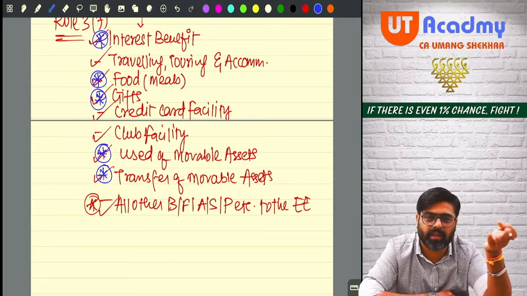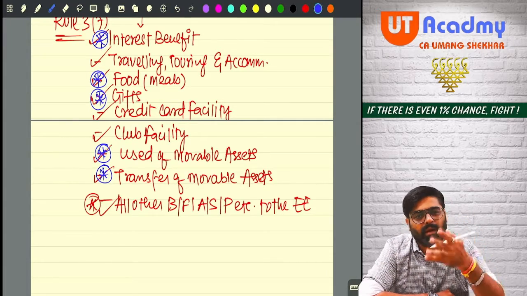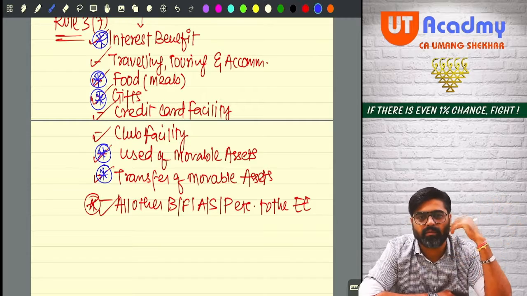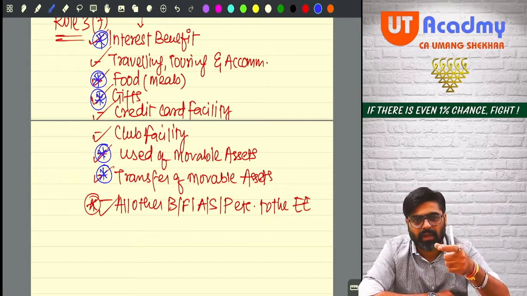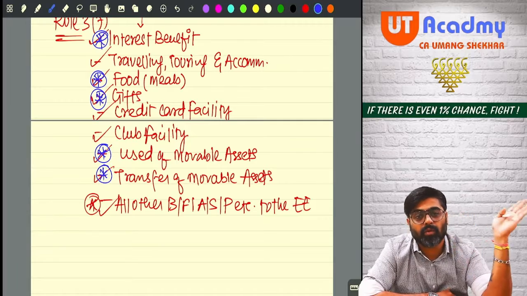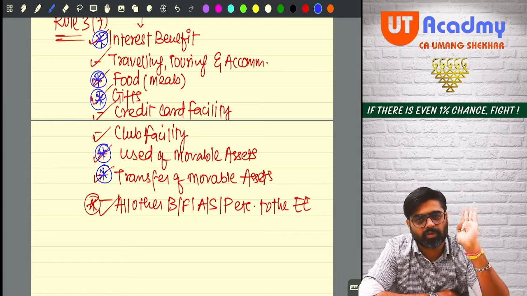The amount will be directly given in the question. Pick up that amount, show it taxable. No need to do the valuation. Traveling, touring and accommodation facility, this much is the benefit, fully taxable. Pick up that amount and show it under the salary head. You will not be bothered to determine the value. Getting my point, everyone?